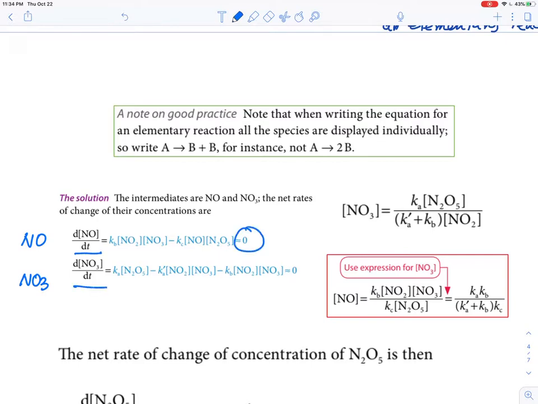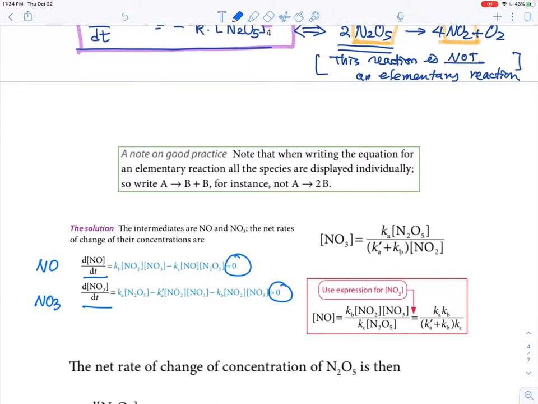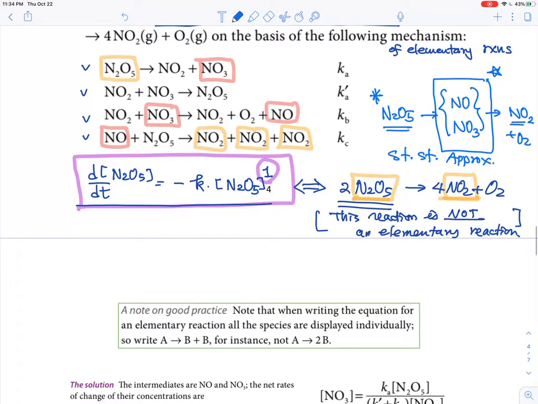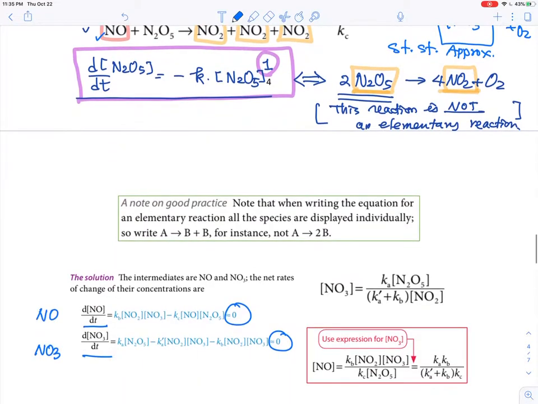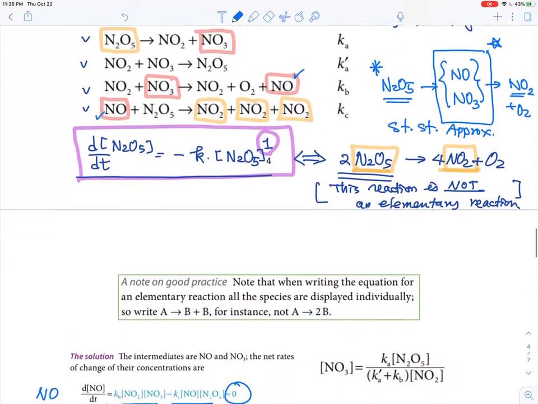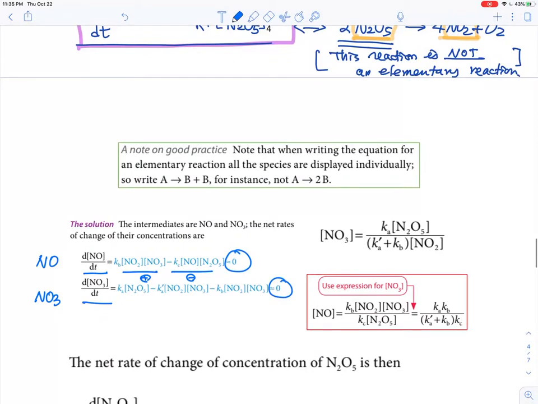Based on the notation shown here, I'm looking for NO, which shows up here and here. So this is the one being produced, and this is the one that is disappearing, from the third and the fourth reaction. So this is the third reaction and the fourth reaction. You can write it up.